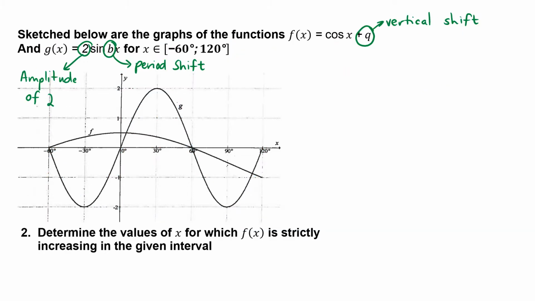The second question that we've got over here says, determine for which values of x, so we're only interested in x values. And whenever you see something like this where it says determine the values of x, you know that they want an answer in the form of a domain.